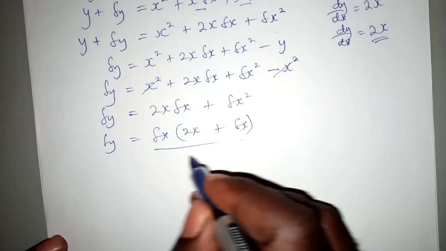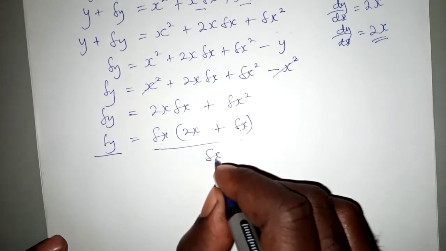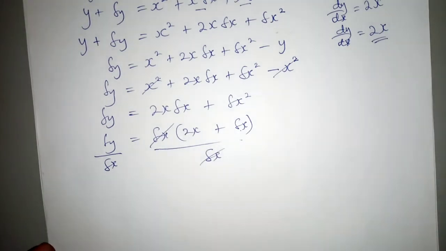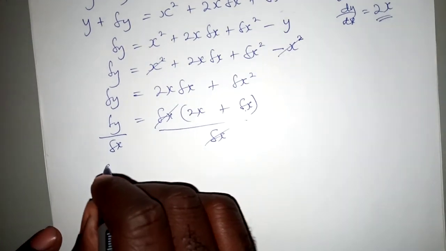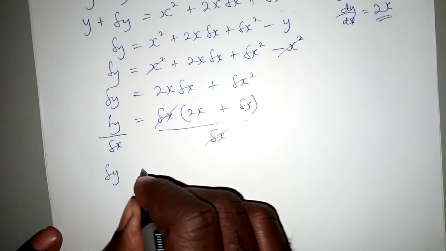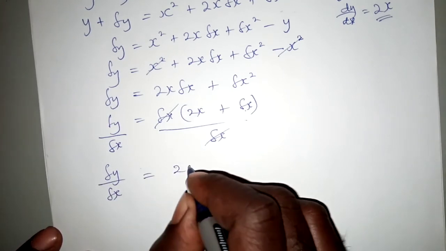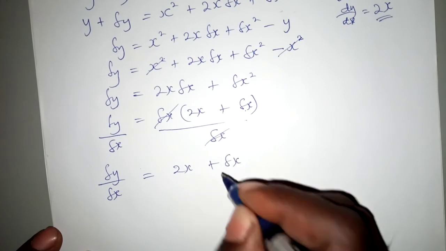I will now divide both sides by delta x, so this will take care of this. So our expression is now delta y by delta x is equal to 2x plus delta x.